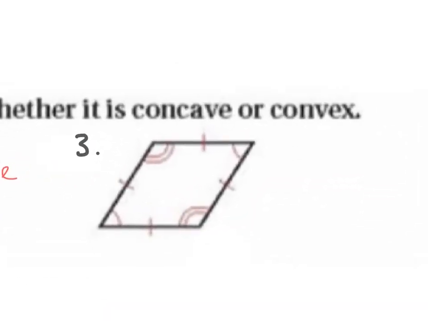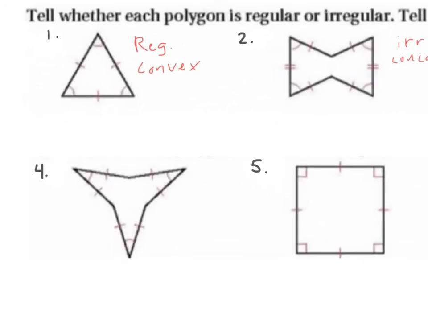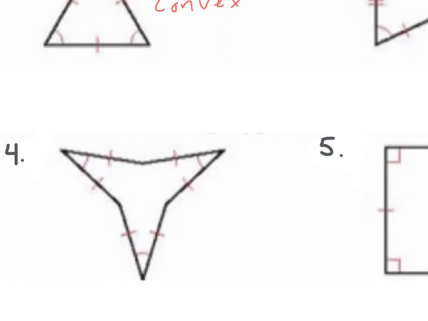Number 3. Irregular and convex. And number 4? Irregular and concave. This would be regular because all of our sides are the same and all of our angles are the same.